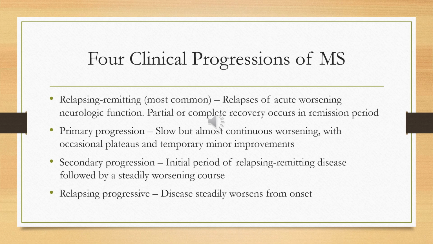You have primary progression. With this one, it's a slow, continuous worsening of the disease from the time you are diagnosed. Sometimes you might plateau where there's no decline, and then maybe even a small improvement, but for the most part, you're slowly worsening over time.